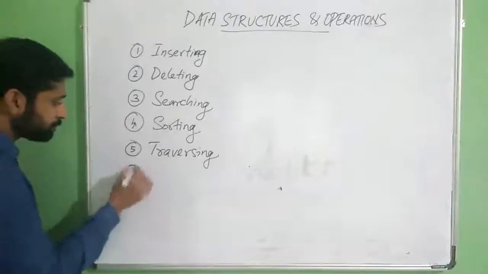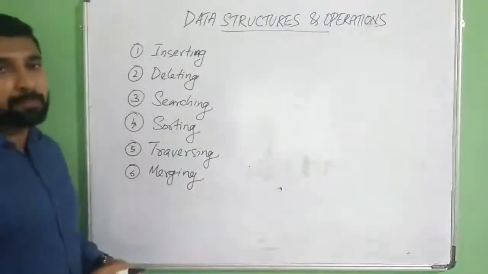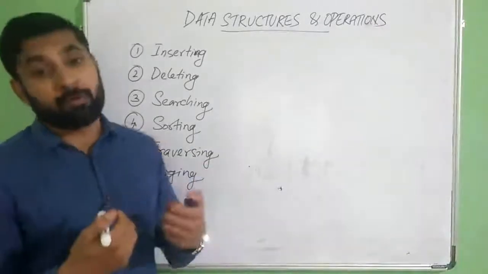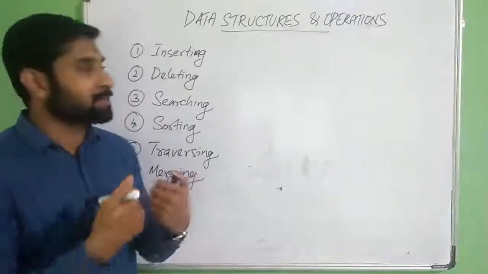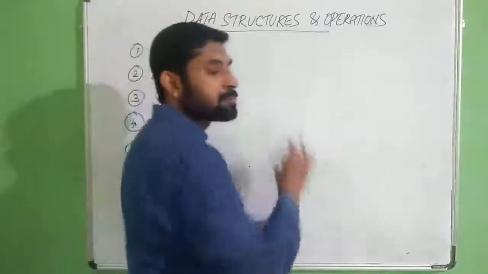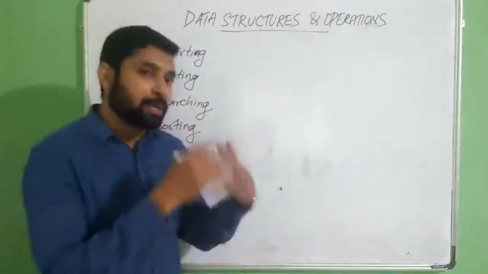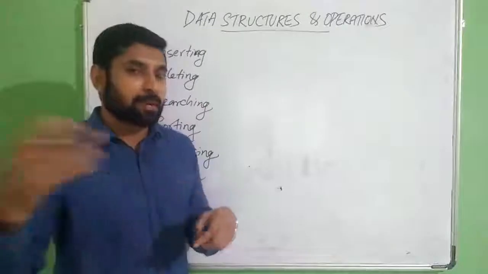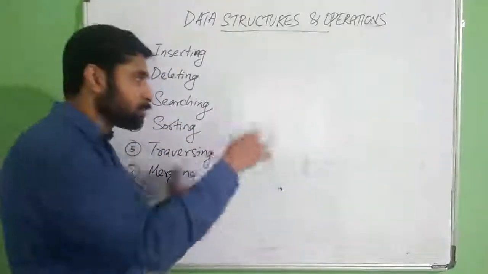Then we have merging. Merging is combining two similar types of lists or data structures. Suppose we have a list of cricket players and another list of football players. If you are making a new list named players who play cricket as well as football, we combine these two lists.